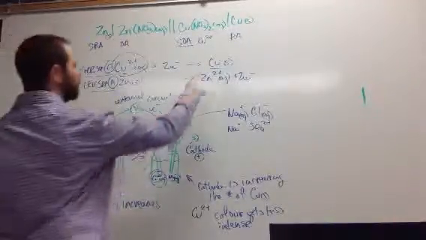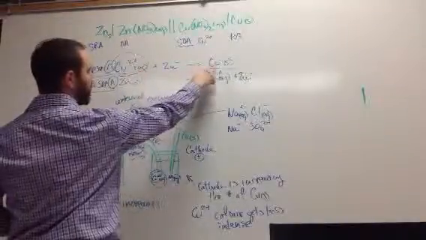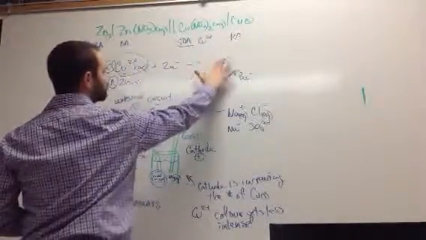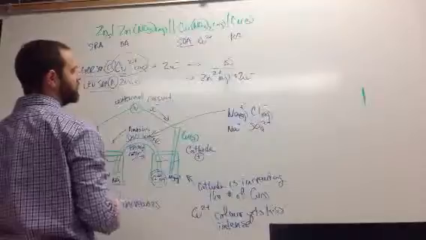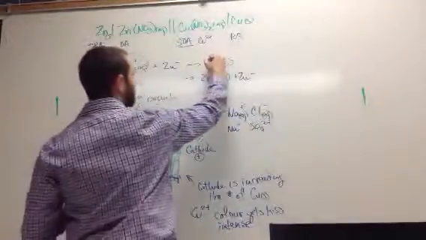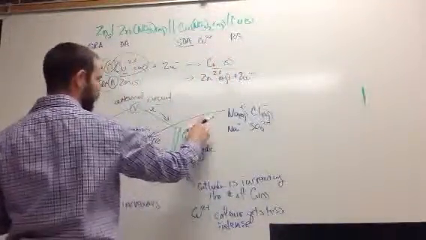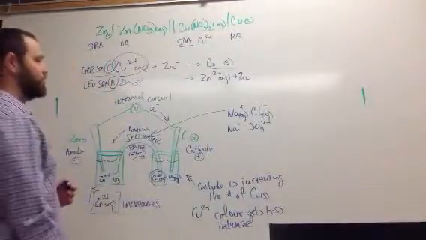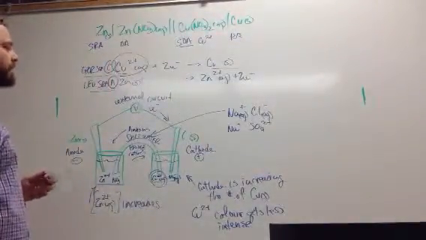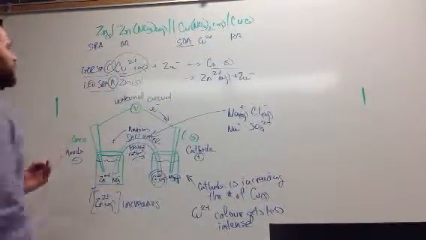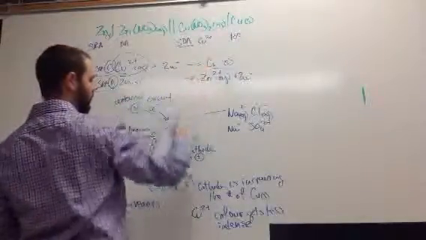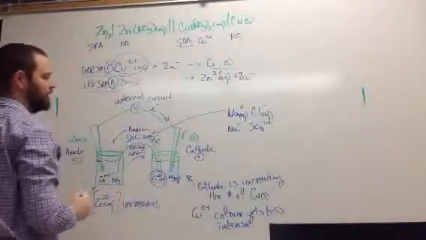Incidentally, we are not using up carbon solid. Because we're just making the copper solid, we could make this electrode carbon and it wouldn't affect the actual reactions. We're still making copper solid, but we'd make it here.